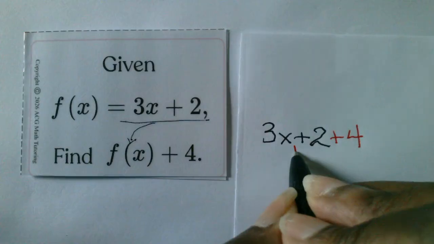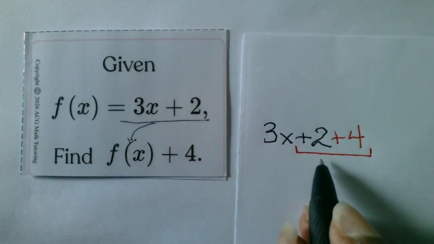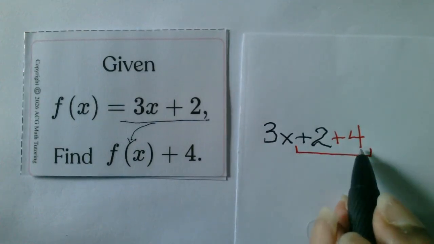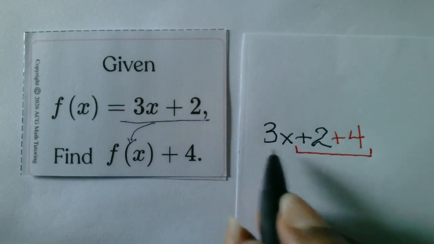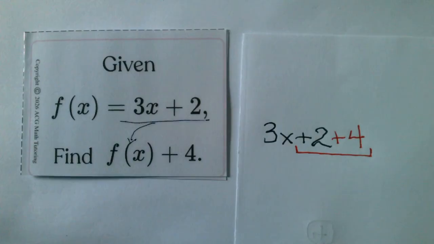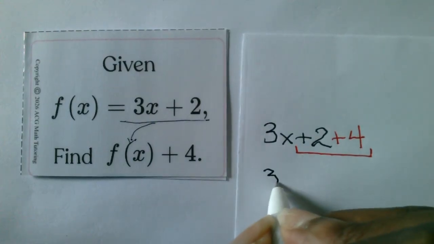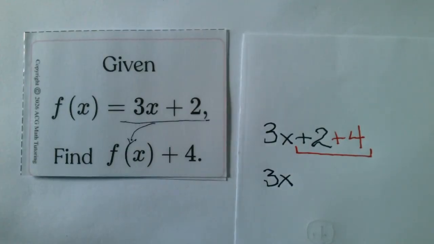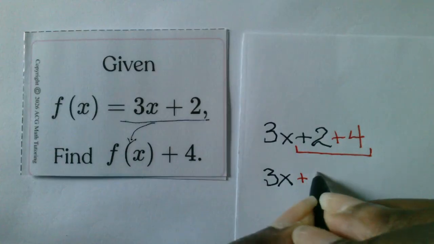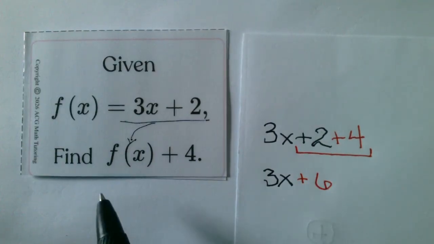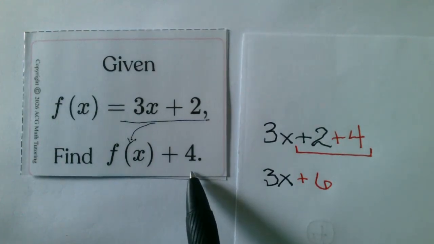We have 2 plus 4. Those constants are my like terms. We can't combine them with the 3x because none of them have an x. So you'll have your 3x, and we bring down our plus 6. So that's what f of x plus 4 equals.